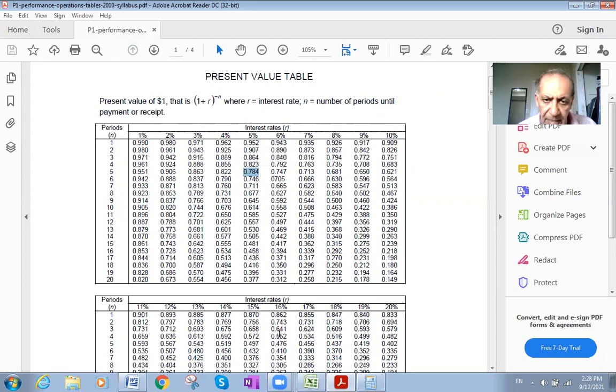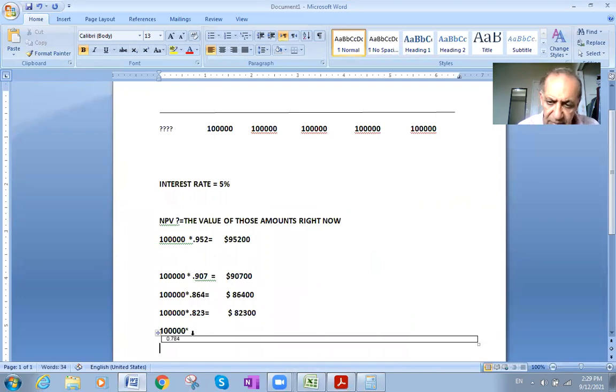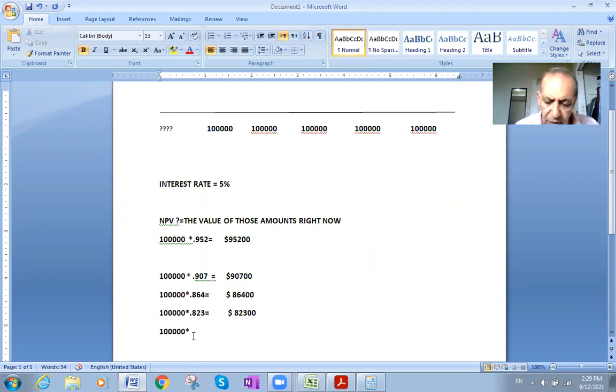Control and C. Then we multiply 100,000 by 0.784. So this will equal 78,400. That will be how it looks after we finish it. So this is in dollars as well.